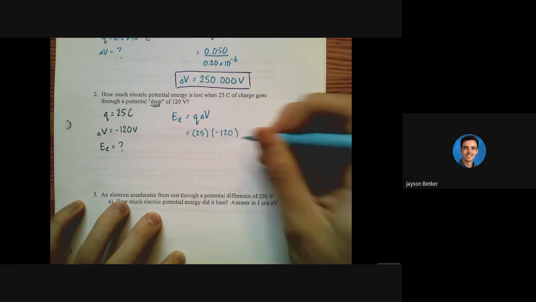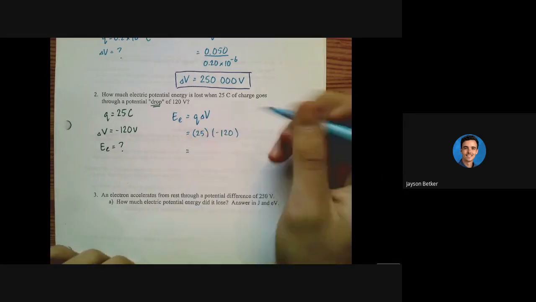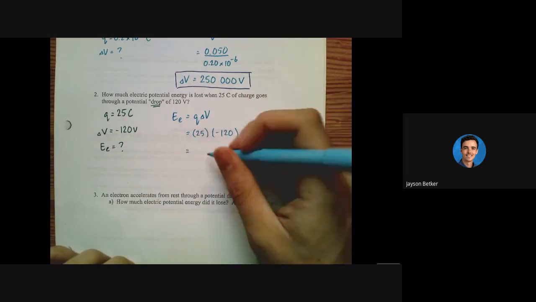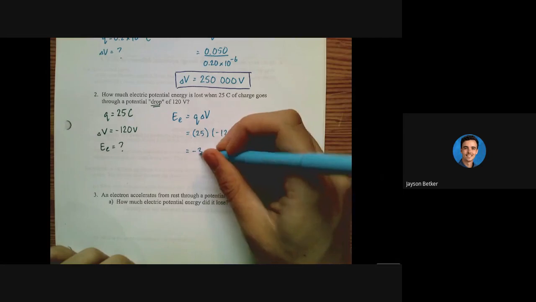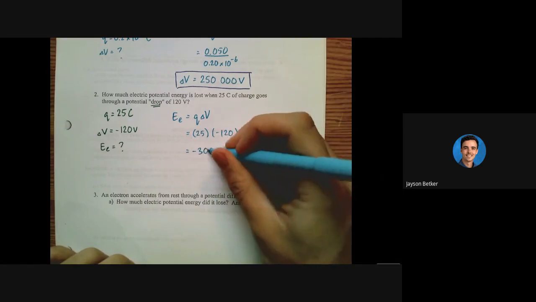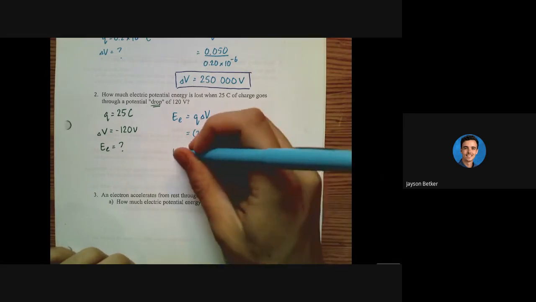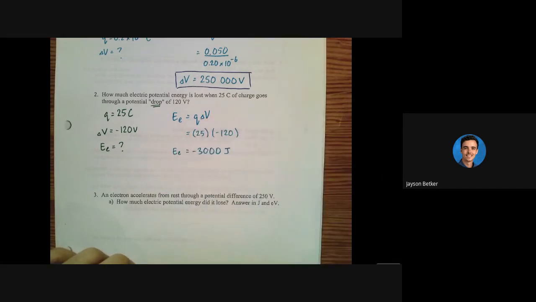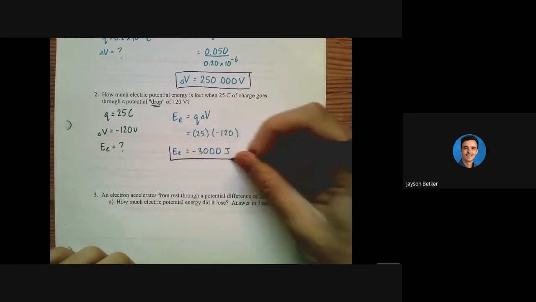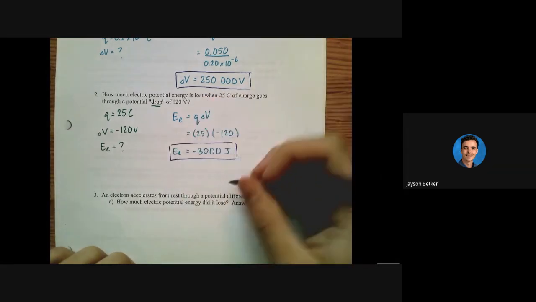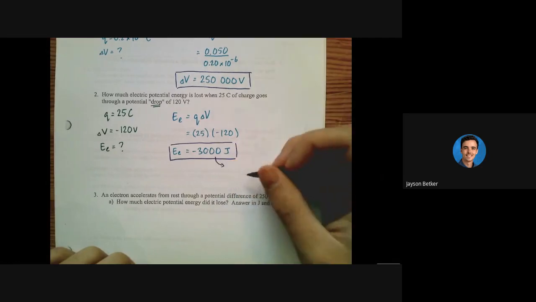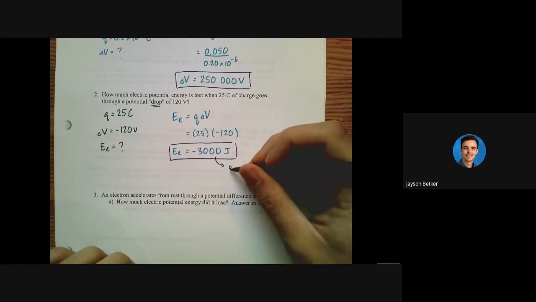What this is going to do is give us a negative number, but all the negative number means, so if I do 25 times 120, that's 3,000. So negative 3,000 joules. That's our electric potential energy. This just means 3,000 joules energy lost.